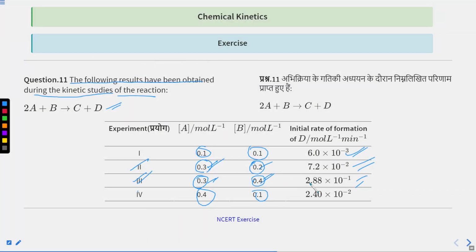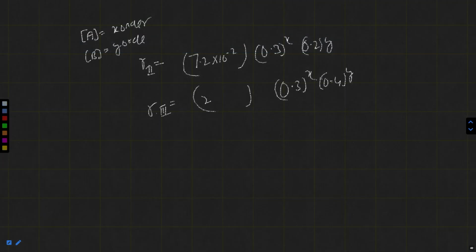What about the value of rate? It is 2.88 into 10 to the power minus 1. Now divide both of these equations. This will be cancelled out. Clear? I think I have done something wrong here. This was the value of rate and not the rate constant.